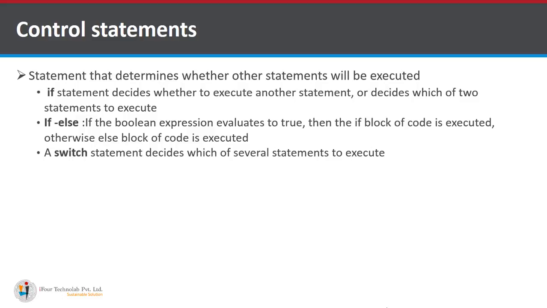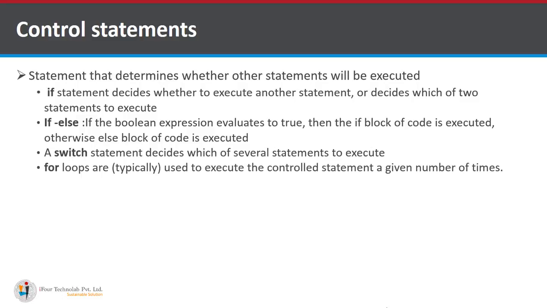A switch statement decides which of several statements to execute. For loops are typically used to execute the controlled statement a given number of times. A for loop can run n number of times and display results accordingly.